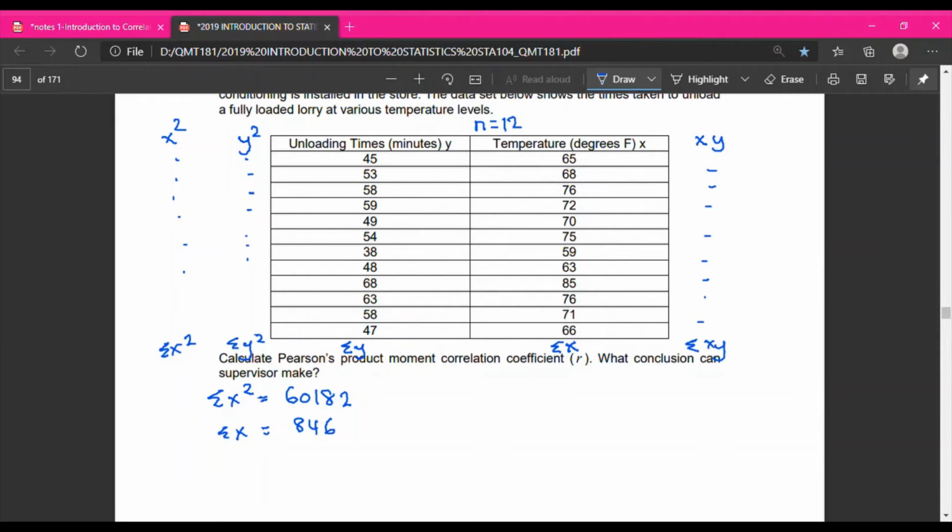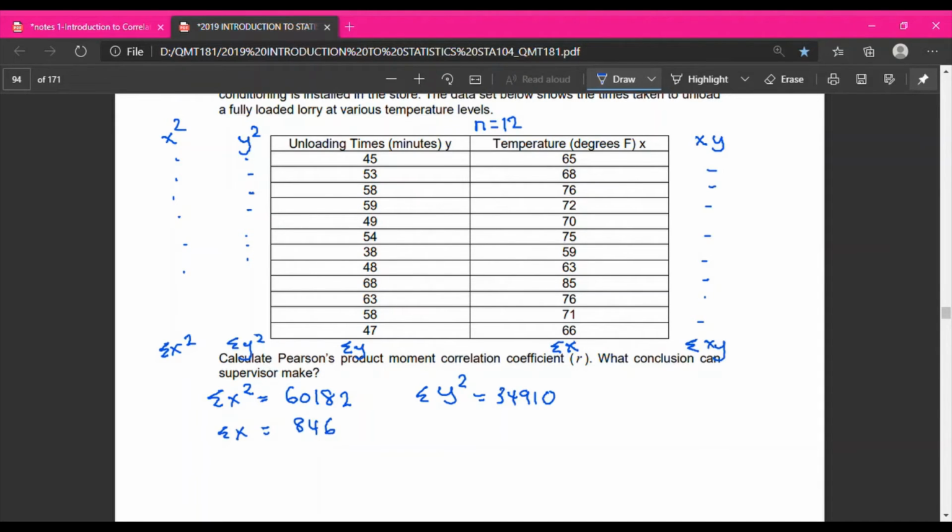So summation of x will be 846. Press shift sum again to get summation of y square and so on. You press the arrow to the right, there will be summation of y square. Press 1 for y square and equal. So it is 34910. And then press shift 1 again to get the value of summation y.